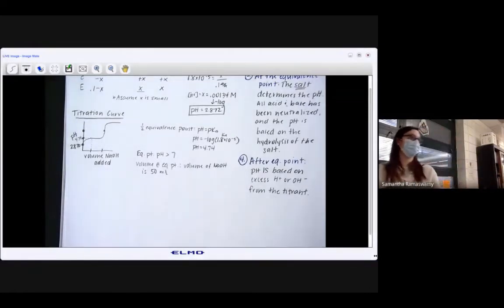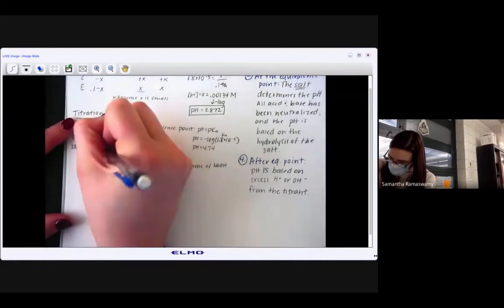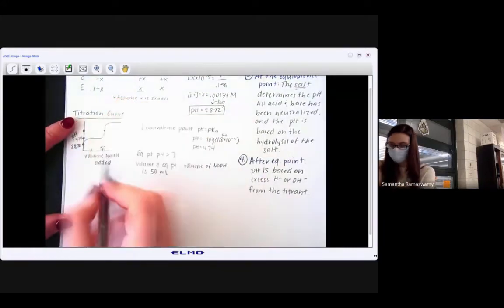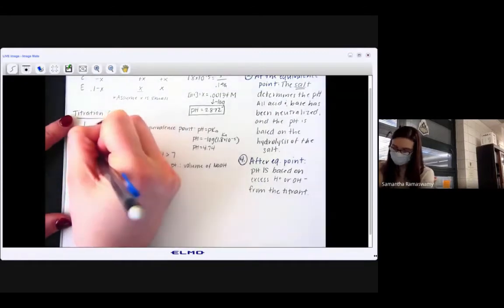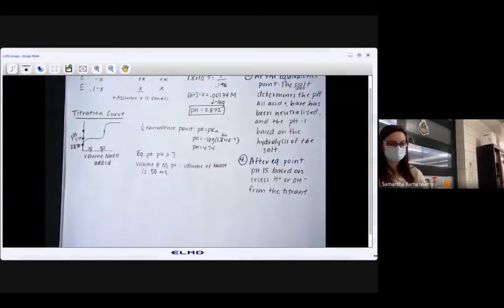So whatever volume of acid we had in the beaker, we need that same volume of NaOH to be added to reach the equivalence point. So now I know that this down here is 50 milliliters, which means the half equivalence point is at 25 milliliters.